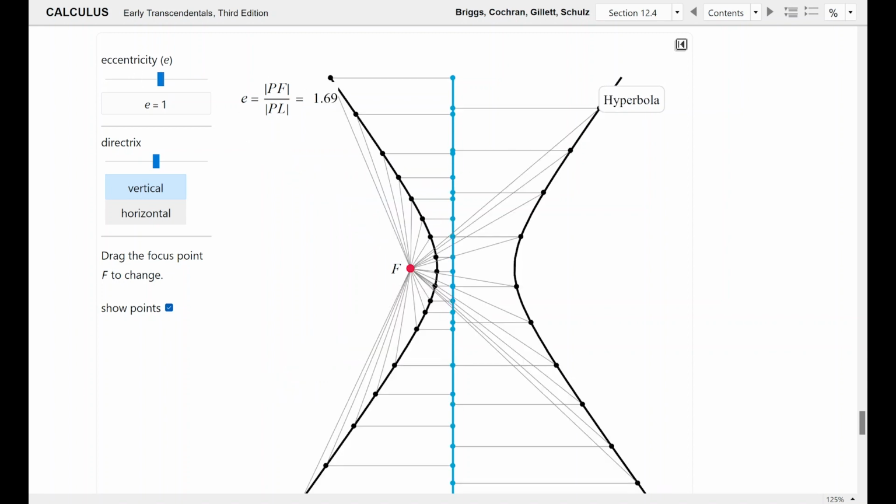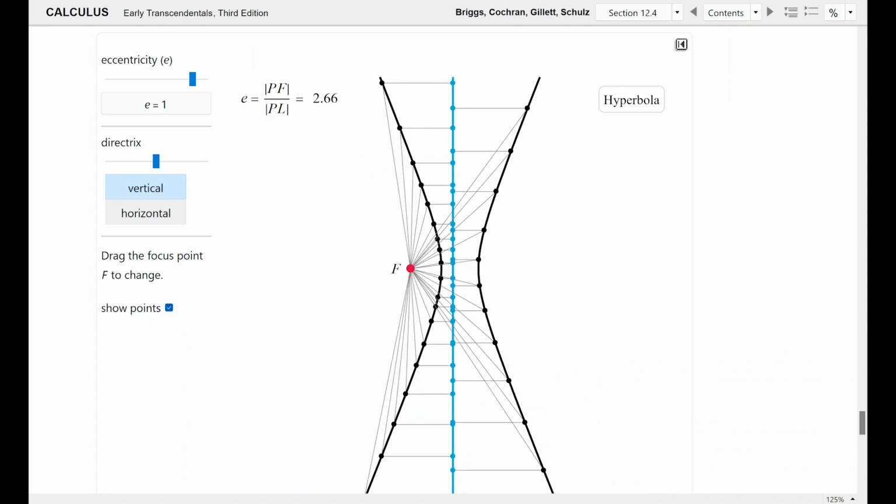And now the ratio between that focus and the distance from the line to a point is 1.69. So the distance from a point on the hyperbola to the focus over the distance from that same point to the line is 1.69 there. You could increase that distance as well, and you see what's going on.